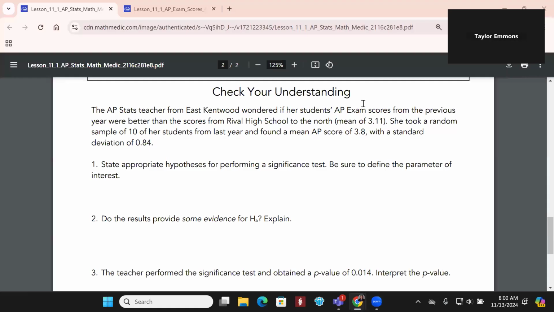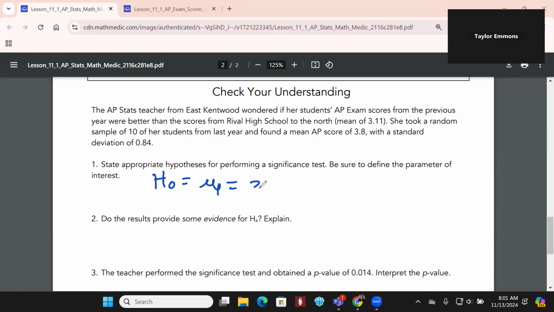Go ahead and do this one. The AP Stats teacher from East Kentwood wondered if AP exam scores from the previous year were better than the scores from the rival high school to the north, with a mean of 3.11. She took a random sample of 10 of her students from last year and found a mean AP score of 3.8 with standard deviation of 0.84. State the appropriate hypotheses for performing a significance test. Be sure to define the parameter of interest. What is the null?